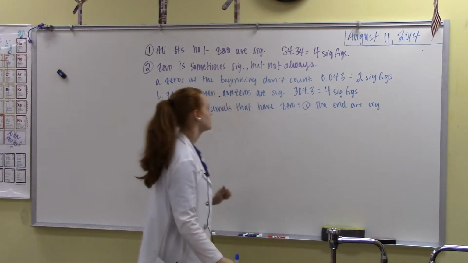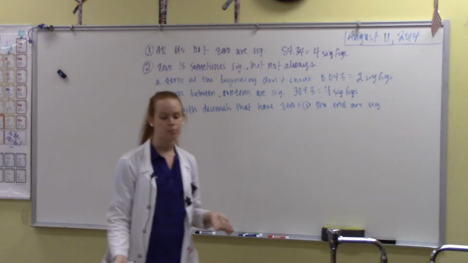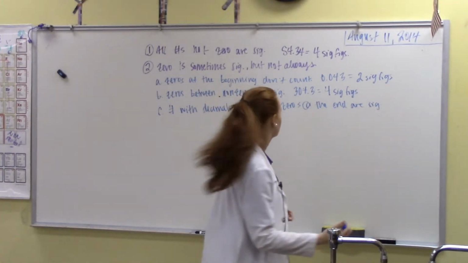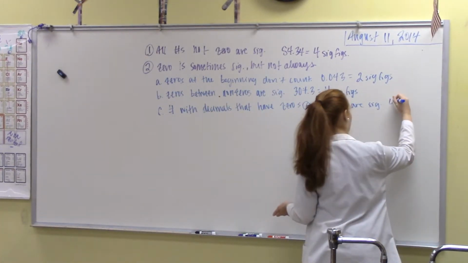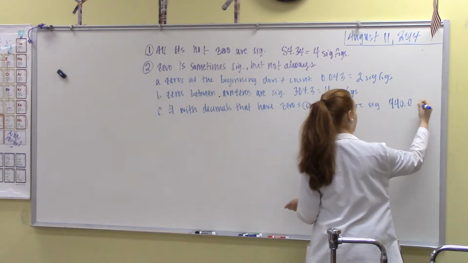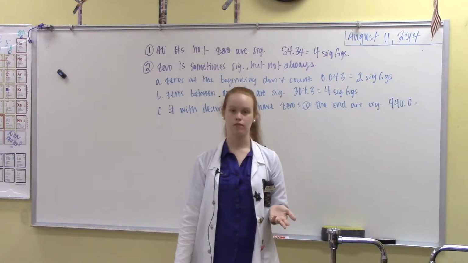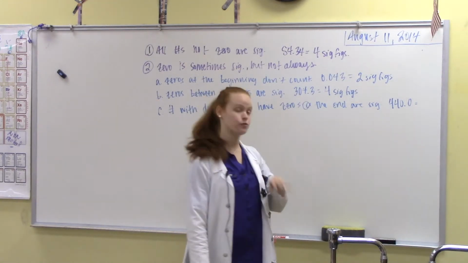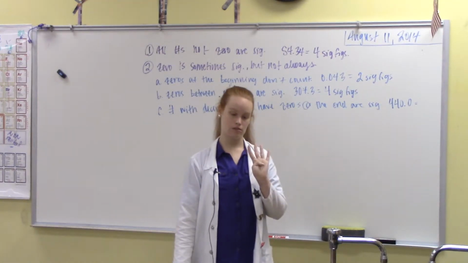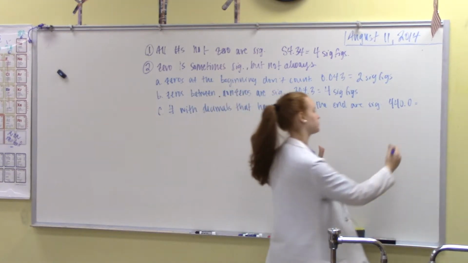An example of this would be something like 440.0. How many sig figs do I have? I have 4 sig figs. 4 of them.